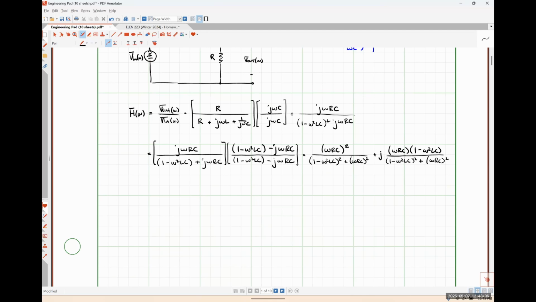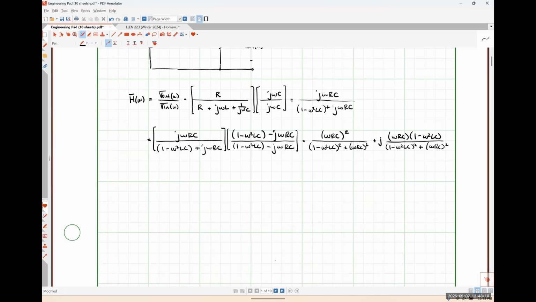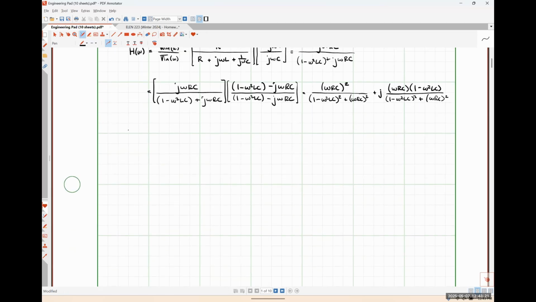So now that I have my transfer function broken down into its real and imaginary parts, I can simply square the real part, square the imaginary part, add them together, and take the square root of the whole thing to get my magnitude response, just like we did in class the other day.